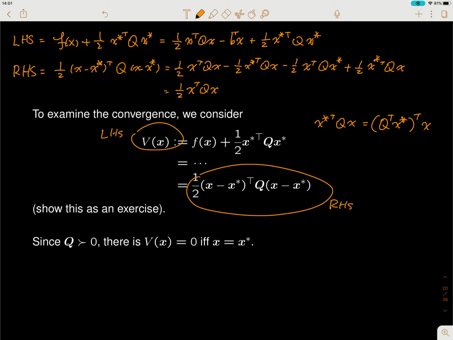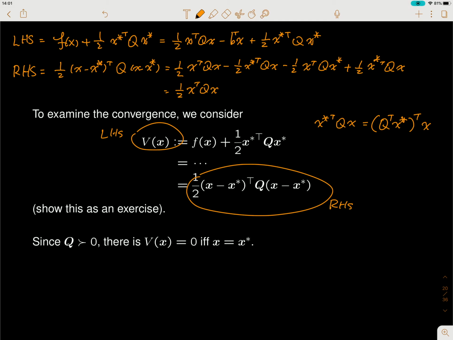Because when we apply the transpose to the product of these two, it becomes the transpose on the first, and then right multiplied by the transpose of Q transpose, which is Q itself. So that's why this part is just equal to this part.